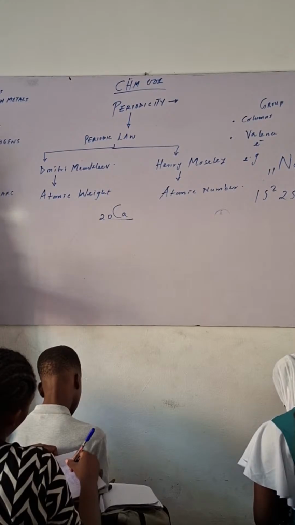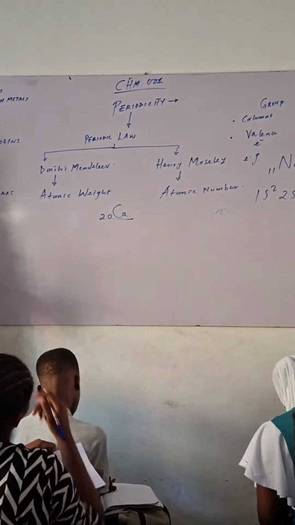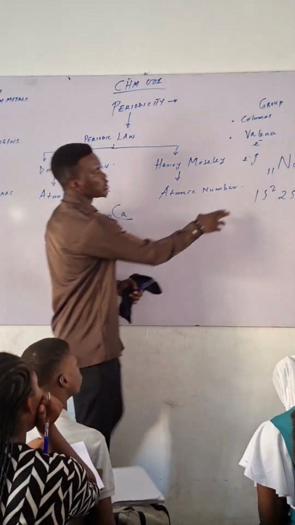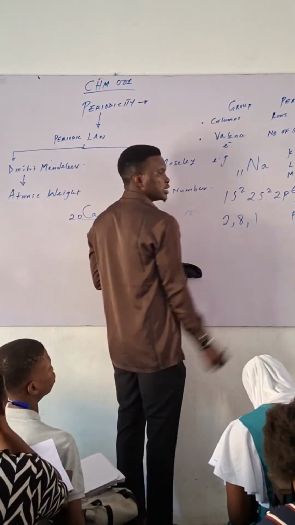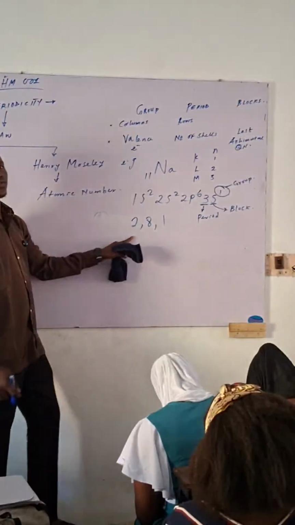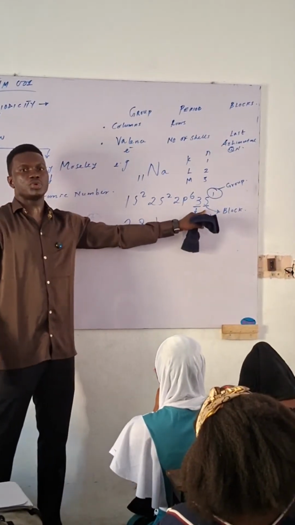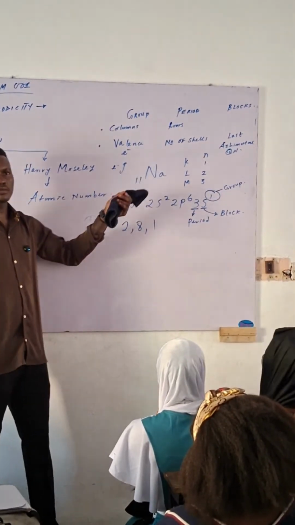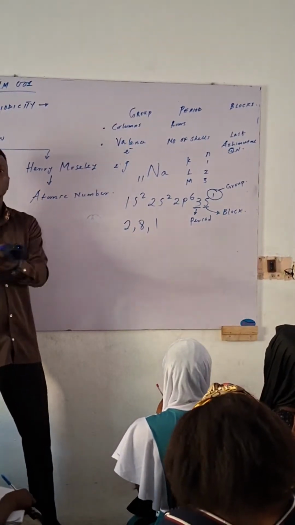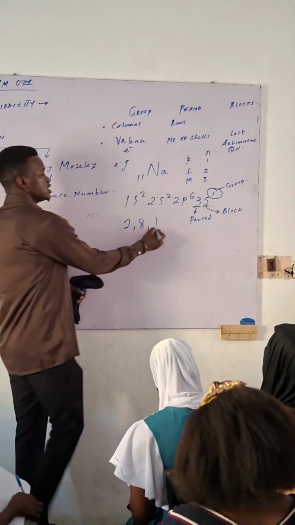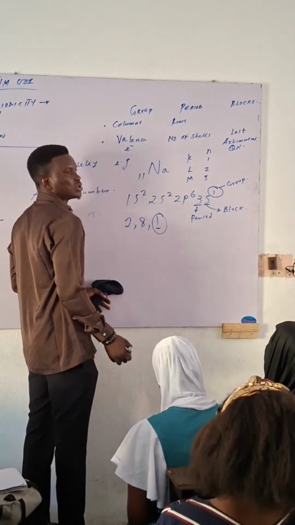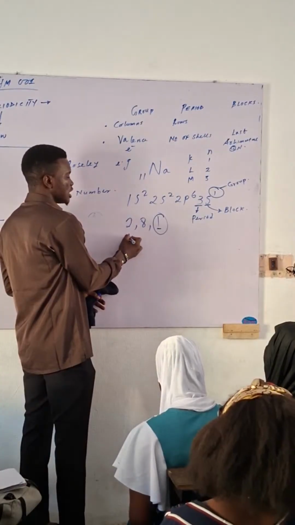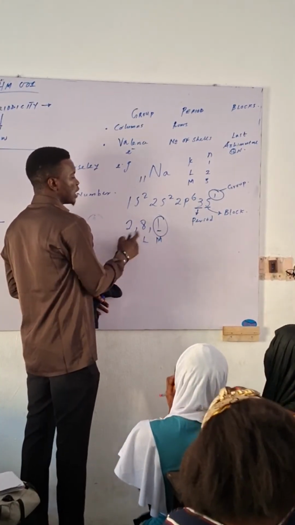Do you understand it? Now, if you don't want to use this configuration, you can also use the configuration 2, 8, 1. But the problem with this configuration is you will not be able to tell the block unless you have crammed it. You already know group 1 belongs to block s. So if you determine the group, what group does it belong to? Group 1. This is the valence electron. Then how many shells? K, L, M, so 1, 2, 3.